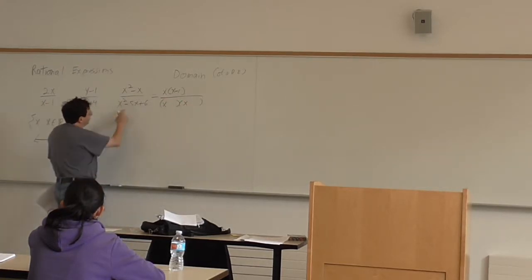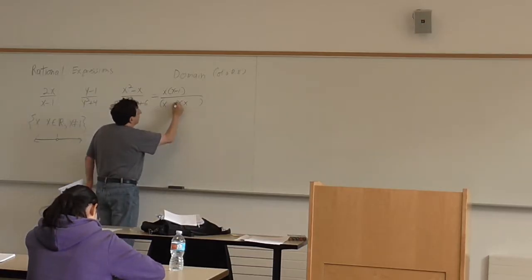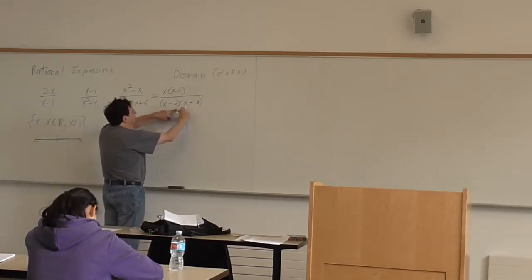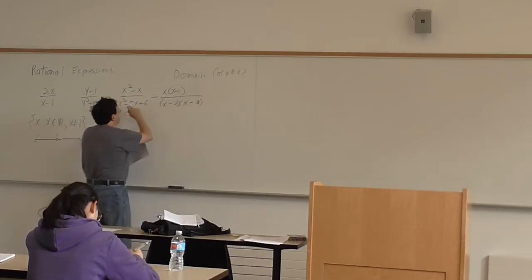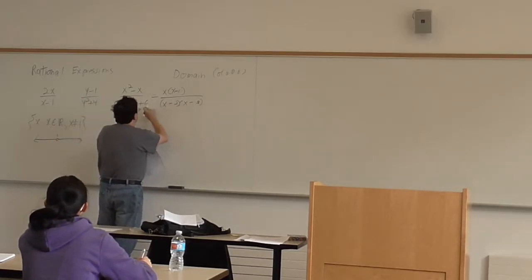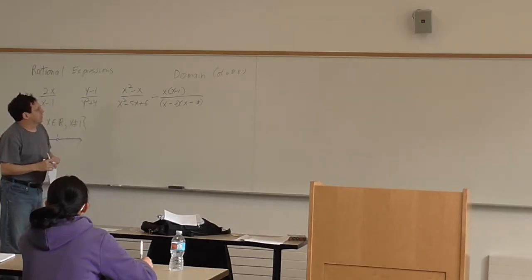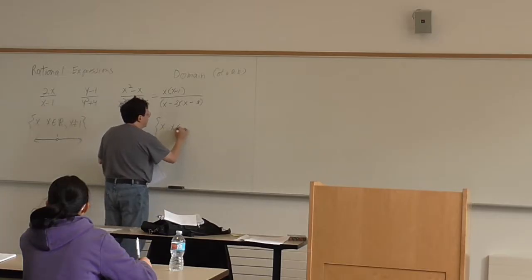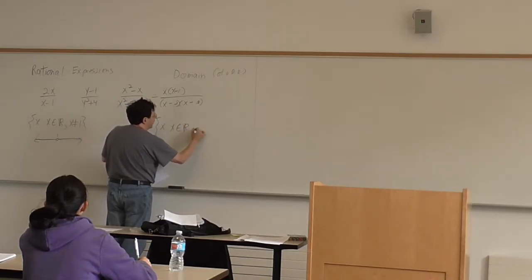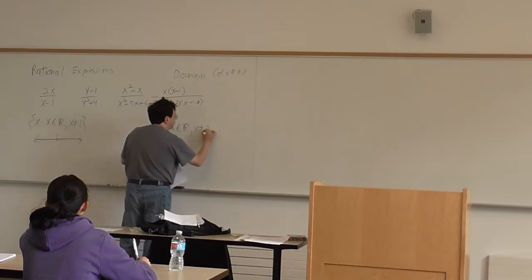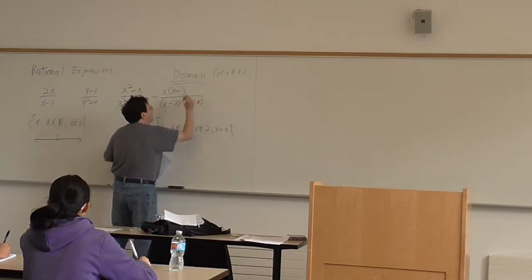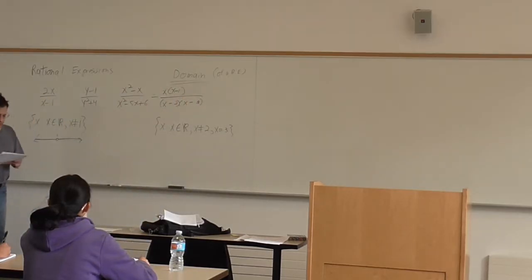That looks like a nice, easy FOIL, doesn't it? Inners minus 2, outers minus 3, that's minus 5. Minus 2 times minus 3, 6, good. Okay, so the domain here is x such that x is real, but x is not equal to 2, and x is not equal to 3. So this is the domain of a rational expression.